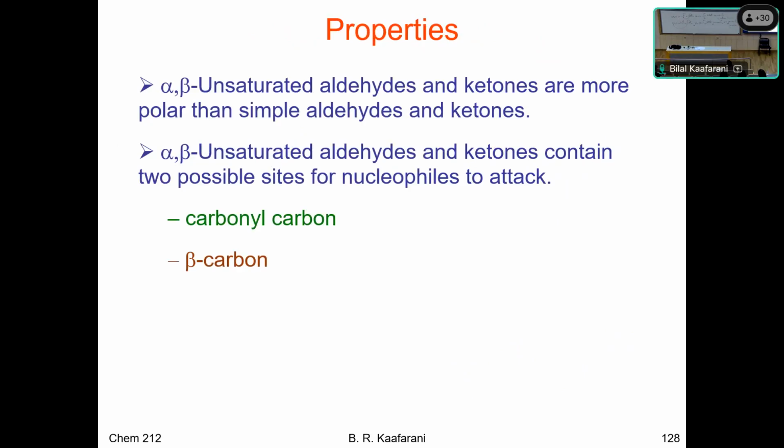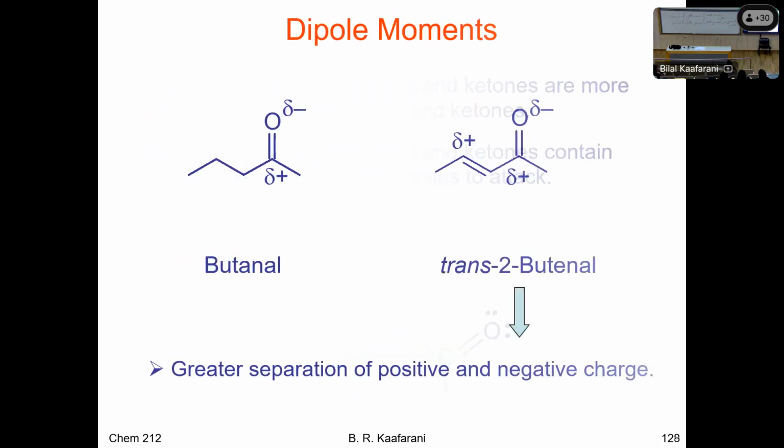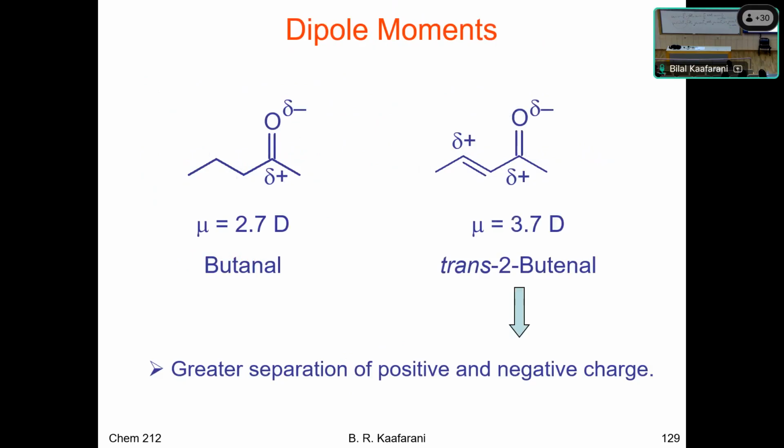So two sites of attack, beta carbon or carbon of the carbonyl. Dipole moments: if you look at butanal versus trans 2-butenal, here the dipole moment is 2.7 debyes, while trans 2-butenal is much more polar. So you have a greater separation of charges, since the dipole moment is large.